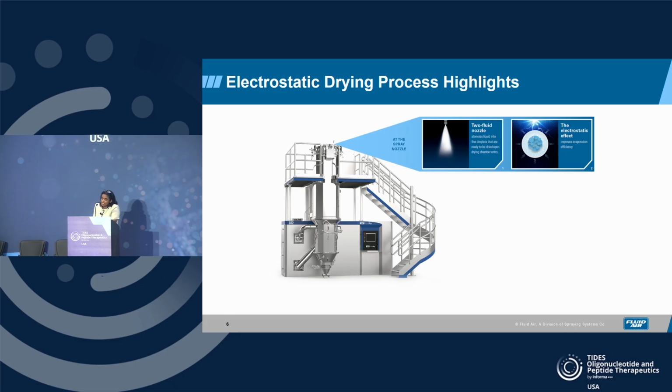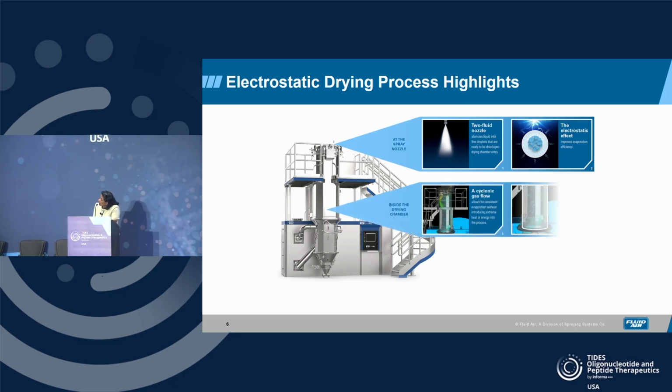A charge is dispersed onto the droplets. These droplets are flown into the drying chamber through a stream of drying gas that enters the chamber in a tangential flow that floats all those droplets in a cyclonic fashion through the drying chamber.